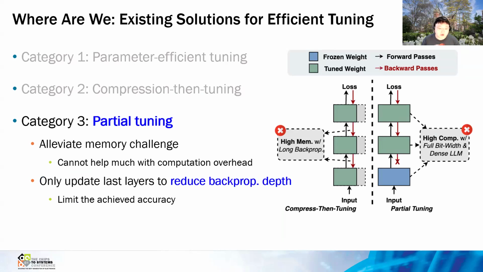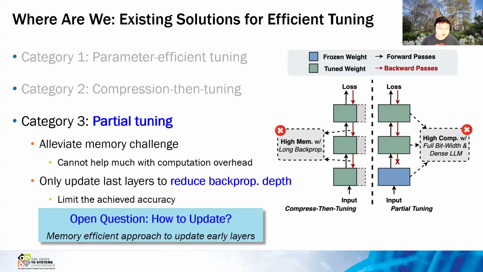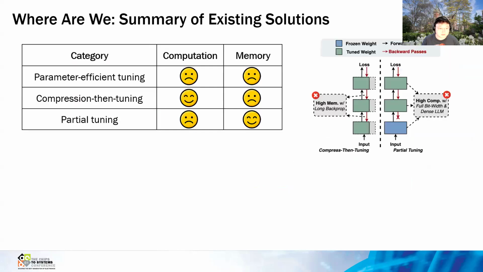This achieves limited accuracy, and also they cannot help much with the computation overhead because basically you need to tune the majority of LLM layers to achieve a better or even acceptable performance. So an open question that remains is whether there is a better update methodology, specifically if we can achieve some memory efficient approach to update earlier layers in LLM?